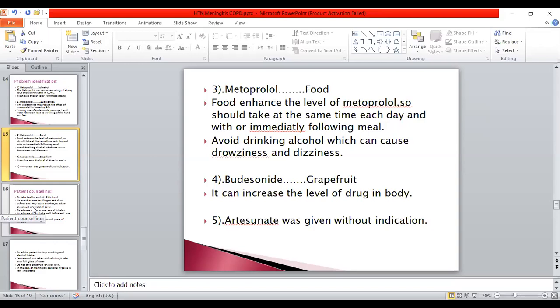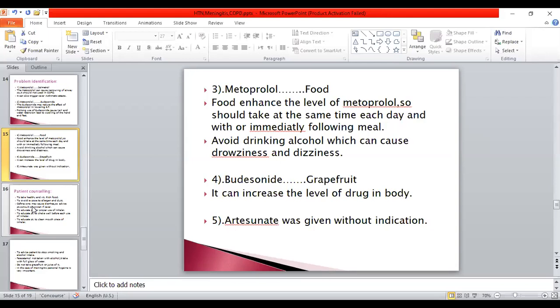How will grapefruit juice increase the budesonide drug level? I just found it as an interaction, and I found that the grapefruit juice is bringing it.